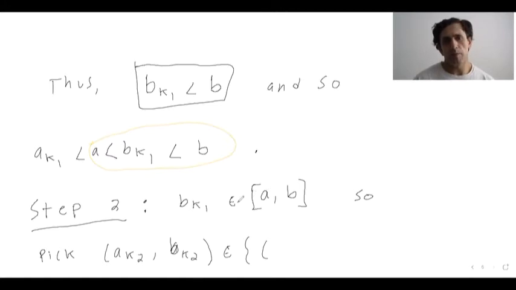In particular, the AK, BKs cover A to B. So I can pick one of these where BK1 is in this interval, again because BK1 is in A to B, and A to B is covered by these n intervals.